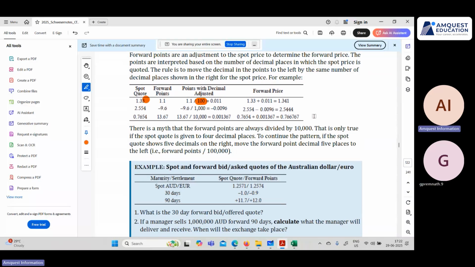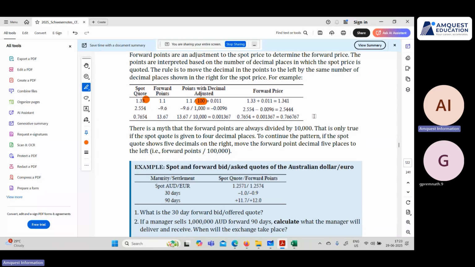And correspondingly 1.2574 minus 0.9 divided by 10,000. So how would the quote look like? 1.2570 and 1.25731.